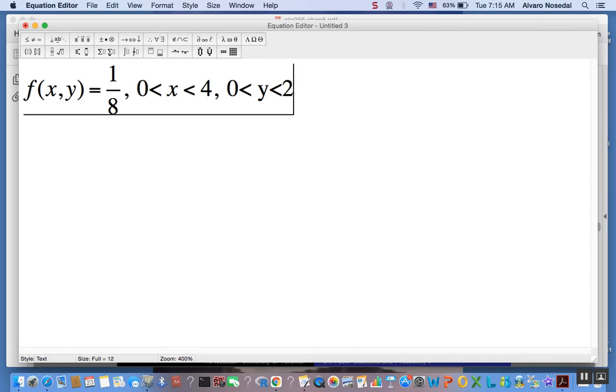And the joint probability density function is 0 otherwise.